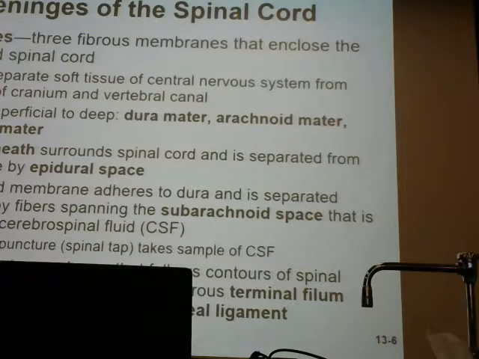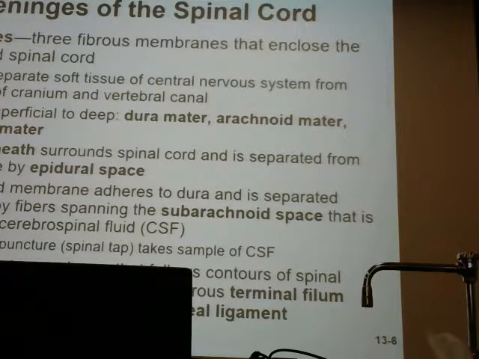So we've got the one that's innermost, one that's outermost. In the middle is called the arachnoid. It's termed arachnoid because arachnoid means spider, and it actually looks like a spider web because of all the blood vessels. It is very highly vascularized.